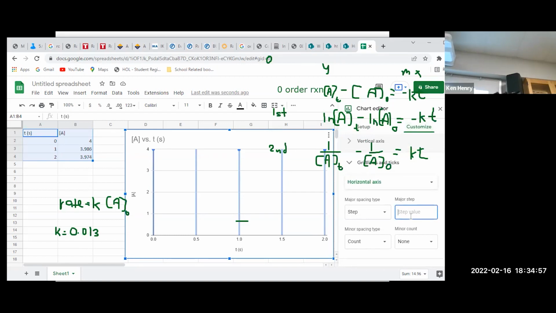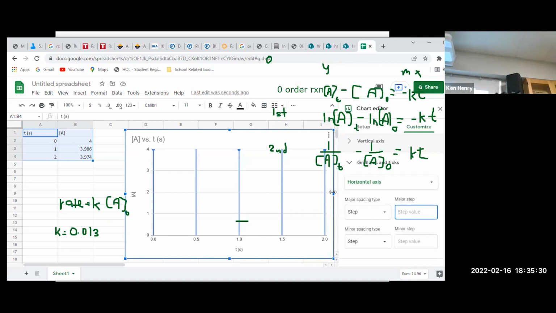Let's see, what are we going to use as a spacing? Well, still the same problem, huh? Okay. So it doesn't work because it's too small?